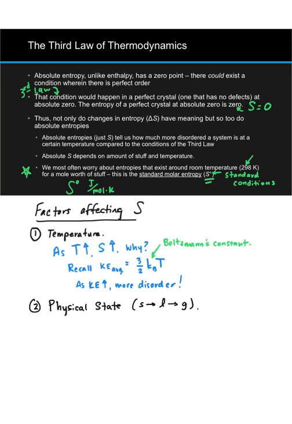So going from solid to liquid to gas results in increasing entropy. We've already discussed this. We've said that a liquid is more disordered than a solid, and a gas is more disordered than a liquid. So we should expect the entropy to increase in association with these changes of physical state. There are a few caveats to this concept.